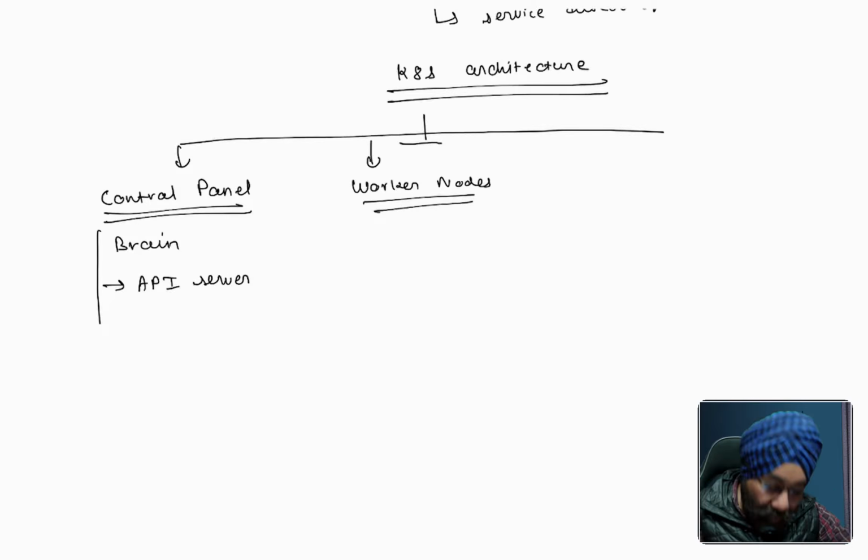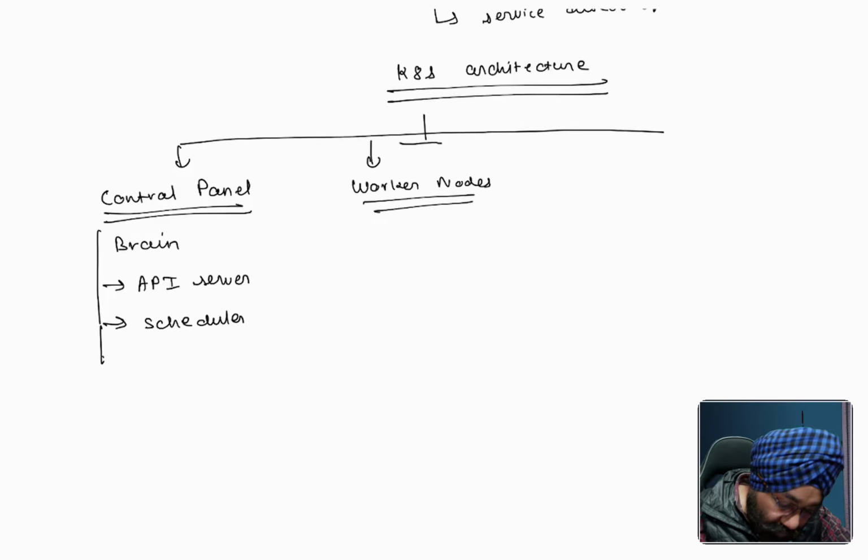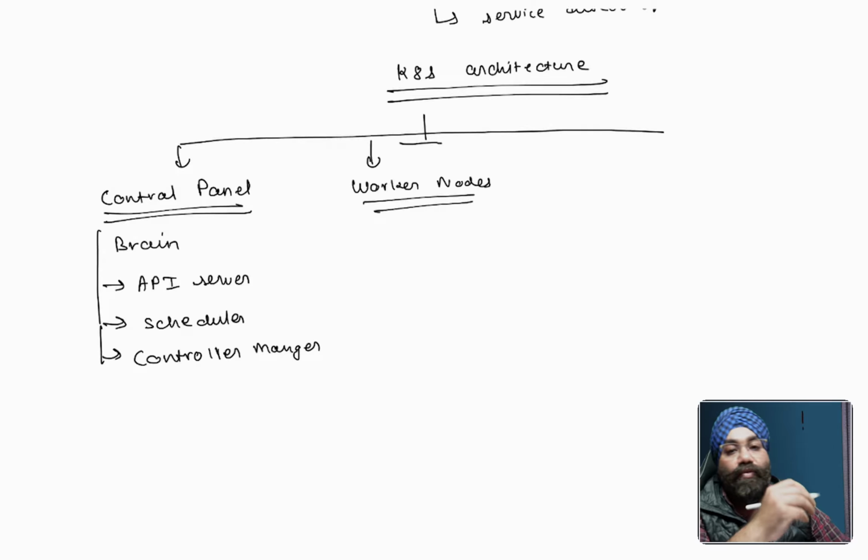Then there is the scheduler. This decides which container runs on which node. Then there is the controller manager. In Kubernetes, there is a concept of desired state. So it makes sure that your running containers are meeting your desired state.